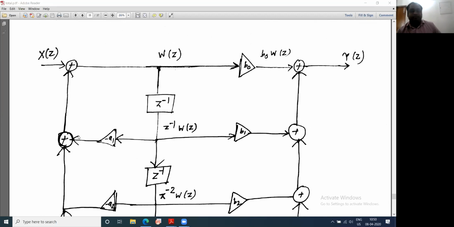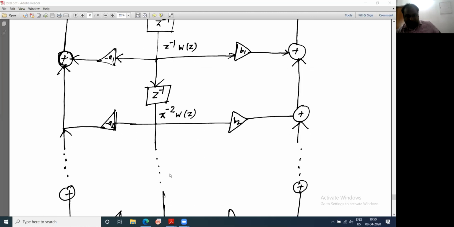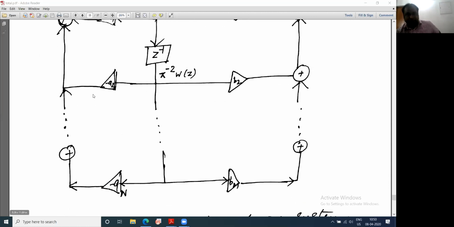Agreed? Yes. This is W(z), right? So W(z) equals X(z) minus z inverse W(z) multiplied by a1. This will be added here. Now everything is going to be multiplied by a2, and all these terms will be negatively added because of the negative coefficient I have written here.